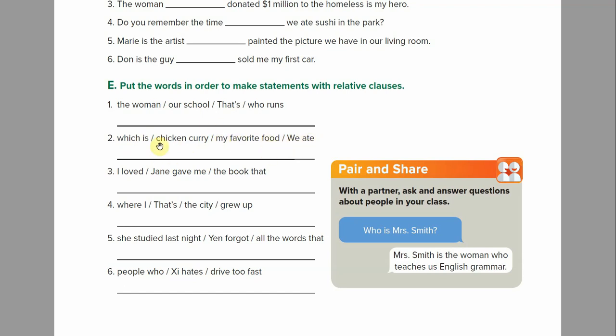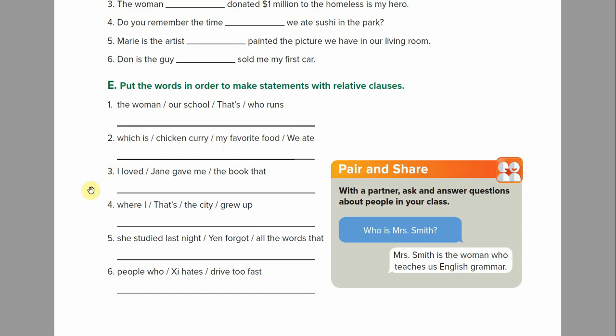So we ate chicken curry, which is my favorite food. You can also switch these. You can also say, we ate my favorite food, which is chicken curry. So this would depend on the context. If you're already talking about chicken curry, this would go first. But either one is good in this sentence.